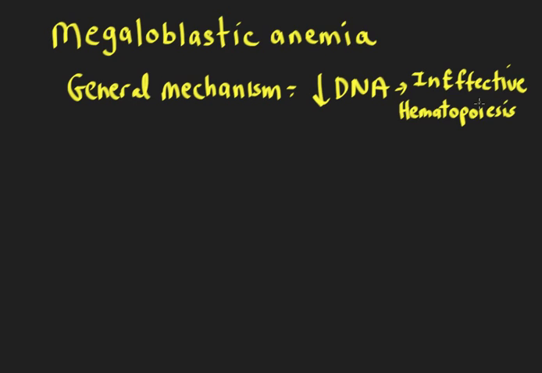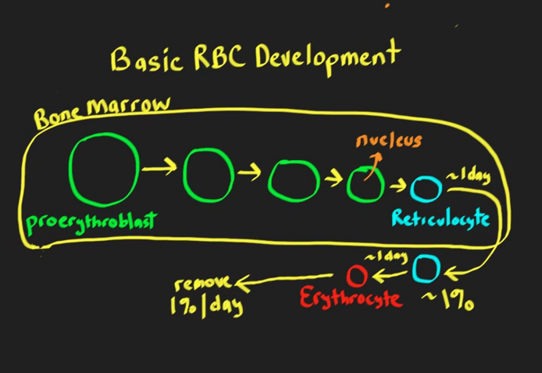Megaloblastic anemia is a very classic example of ineffective hematopoiesis, and the general idea is that there's a decrease in DNA. Now, if you recall, the normal development in the bone marrow requires lots of cell divisions. The cells start out big, and as they develop, they get smaller.